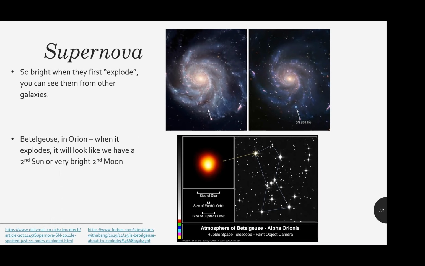So the high energy photons that are released, like gamma rays and X-rays, will be too spread out by the time they reach Earth. It'll look like we have a second sun, but we won't have more ultraviolet light coming into Earth. It's just going to be really, really bright.